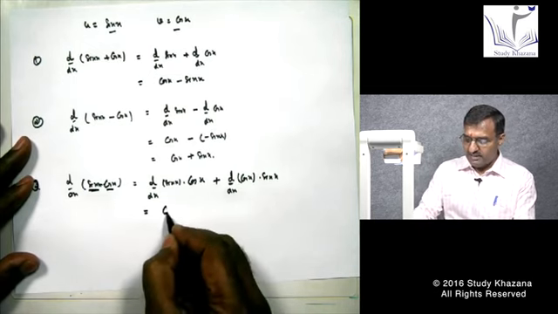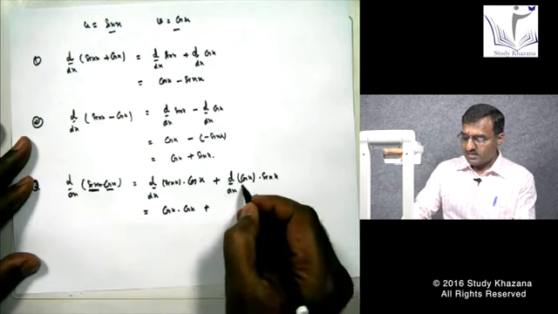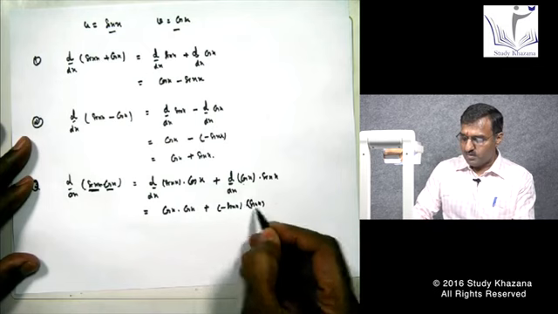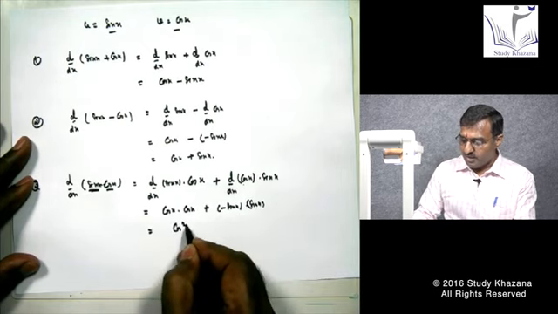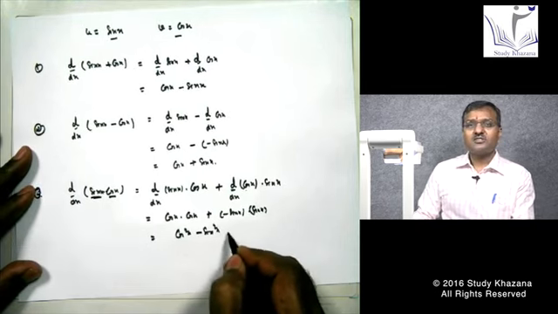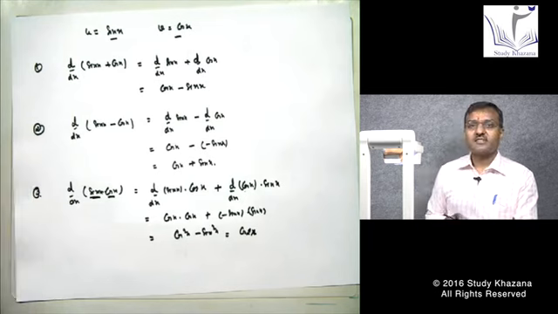What is the derivative of sin x? It is cos x into cos x, plus, what is the derivative of cos x? It is minus sin x into sin x. So what will it become? Cos square x minus sin square x. So simply here I can write, it is cos 2x.